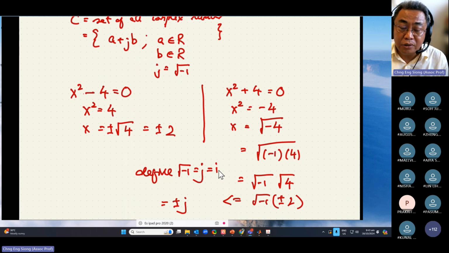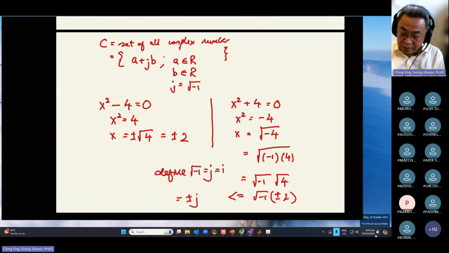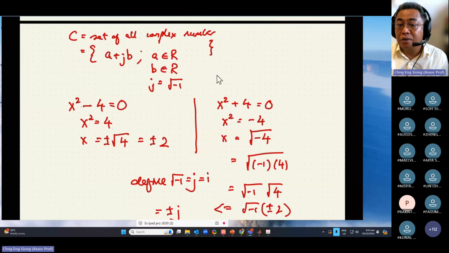The mathematicians use I, the electrical engineers use J. It doesn't matter which one you prefer. So we realize, okay, it has a use after all to solve equations that have the square root of negative numbers. Okay, nice.